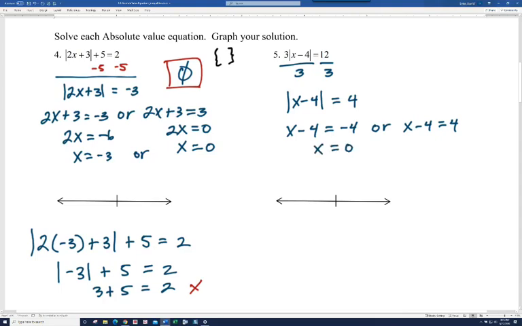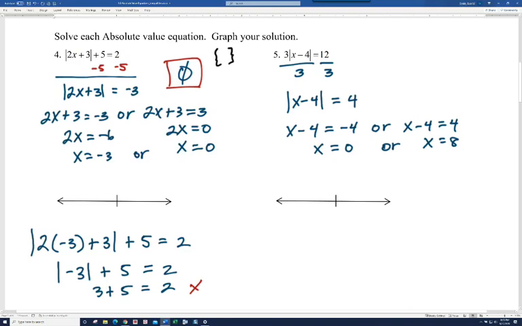And if I add 4 to both sides on the left here, -4 plus 4, we do get 0. And if we add 4 to both sides on the right here with x minus 4 equals 4, we'll get x equals 8. All right, so 0 and 8, those are our two numbers, x equals 0 or x equals 8. This is our set notation.